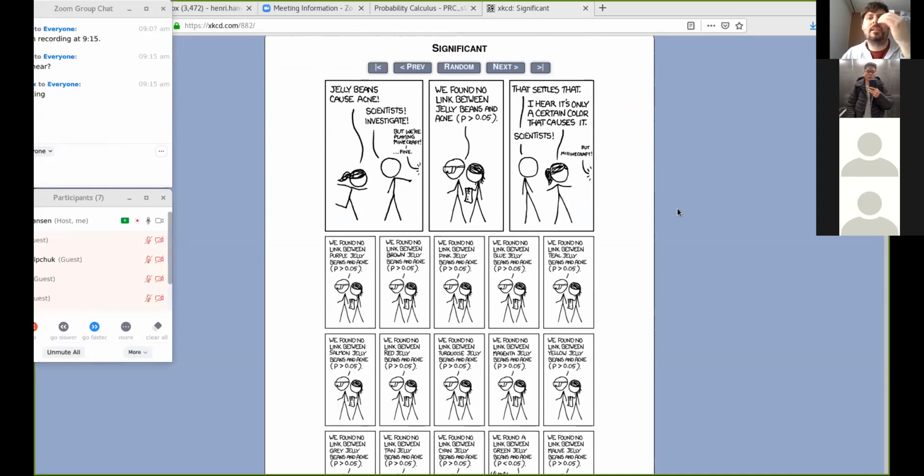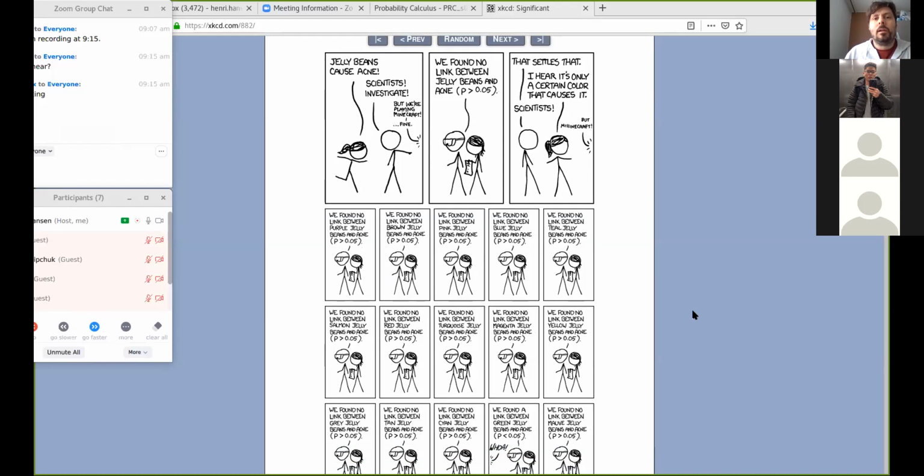Here's an example of the idea of the p-value, or the significance level, being 0.05. Someone claims that jelly beans cause acne. Scientists want to investigate, and they say, we found no link between jelly beans and acne, with p greater than 0.05. That means that it's not in the critical region.